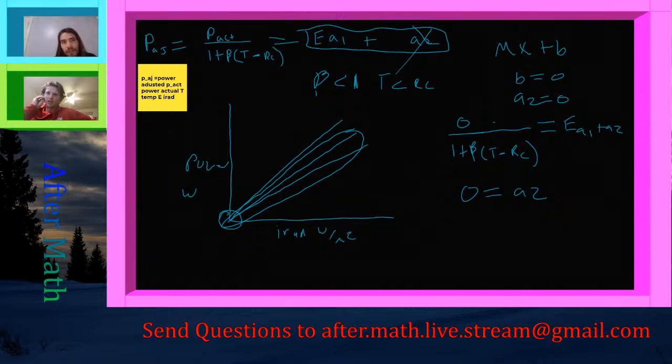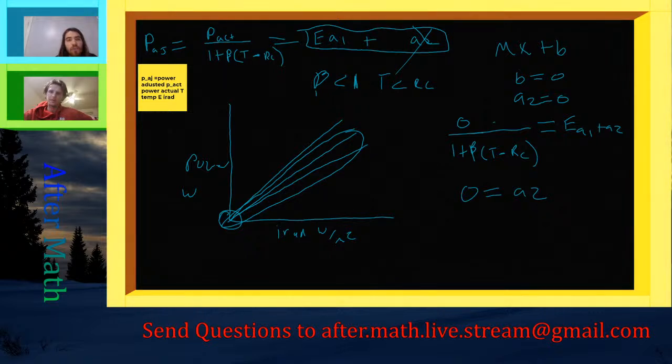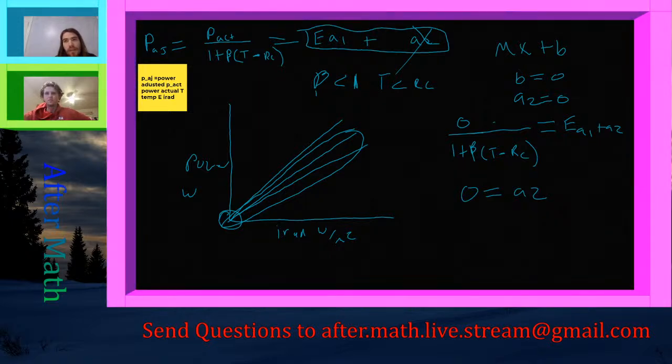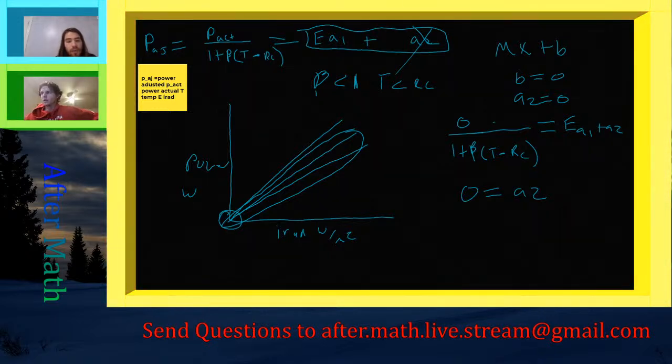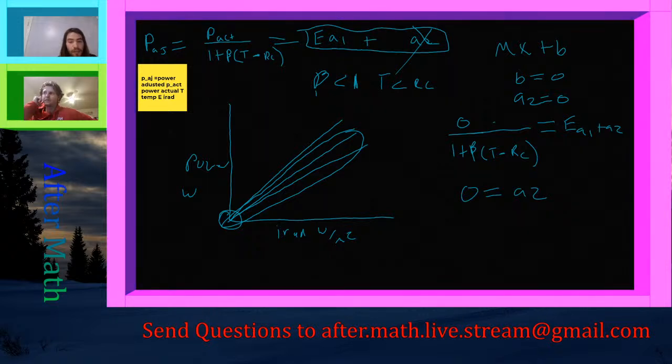When they say it's a 400 watt solar panel, it means it's 400 watts when there's 1,000 watts per meter squared irradiance and the temperature is at the specific temperature RC, I believe. But if your temperature is changing, it's going to change this irradiance versus power line, right? Right.